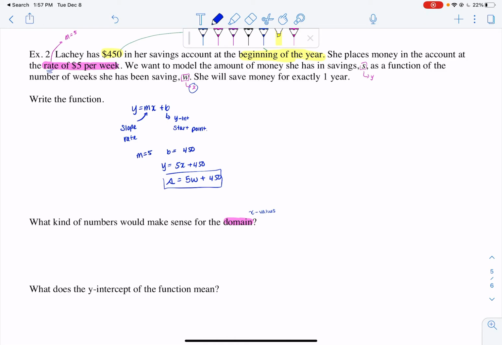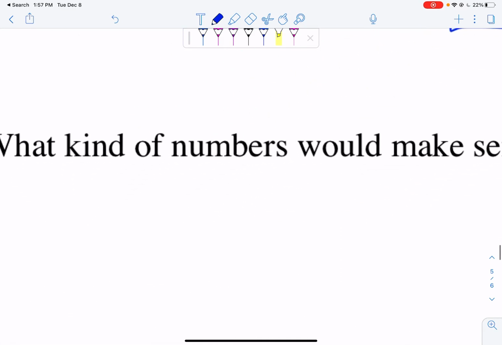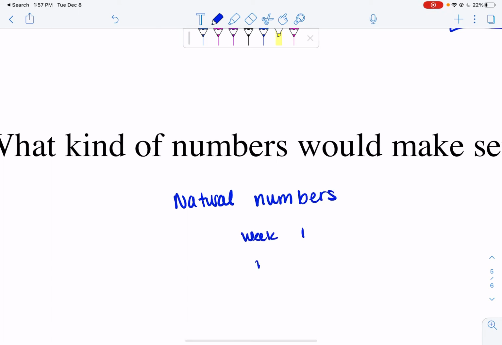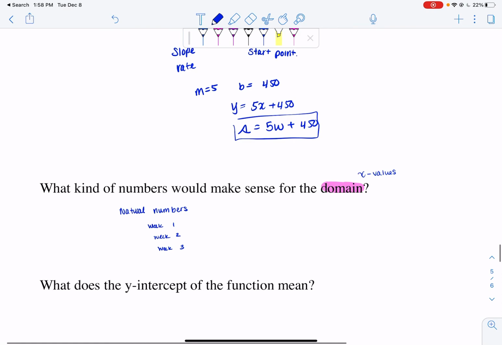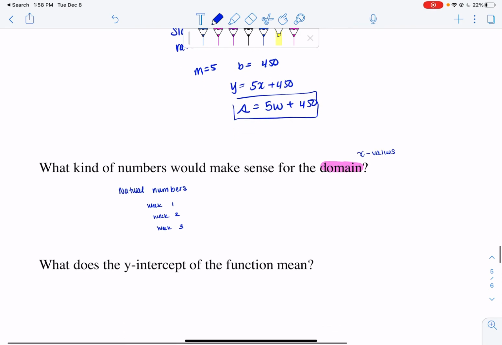We would want to use the natural numbers, or our counting numbers: 1, 2, 3, 4, 5, 6, and so forth, because those are the weeks. So like week 1, week 2, week 3, and so forth.